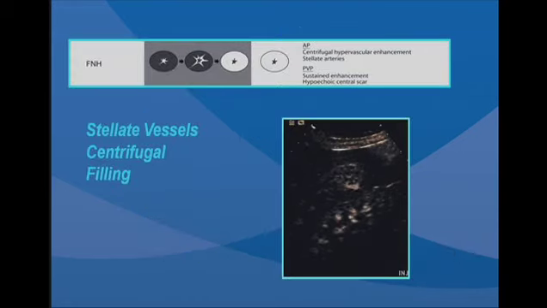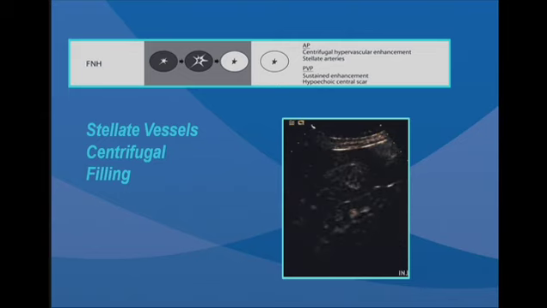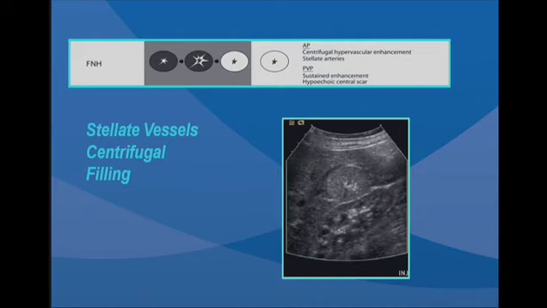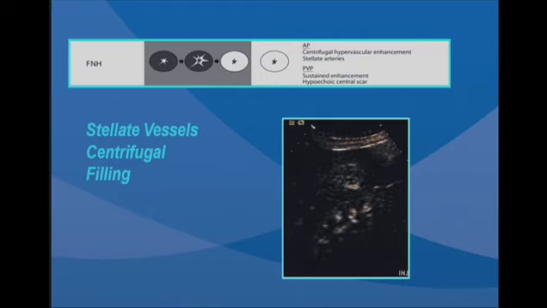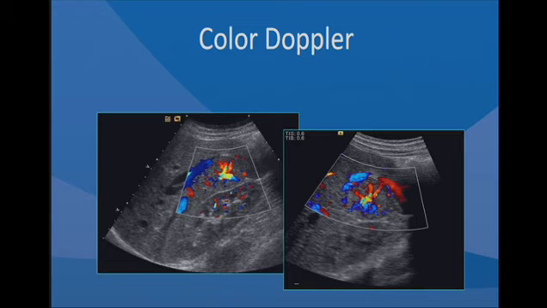And so let's look here at a patient with a classic FNH. So you can see the kidney at the back of the image, and you can see with the MIP imaging that the lesion fills, and then when we destroy the bubbles with a brief burst of high MI, the tumor refills, showing the stellate vessels and the centrifugal filling from the center to the periphery of the tumor.